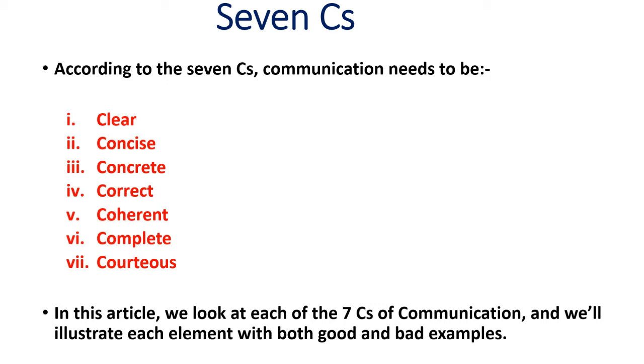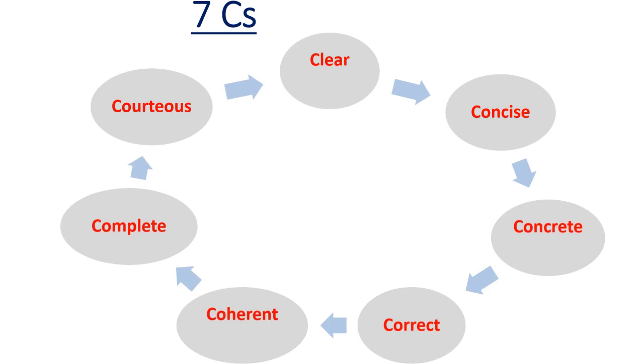Concise, 3. Concrete, 4. Correct, 5. Coherent, 6. Complete, and 7. Courteous. Now we will study each of these C's in detail. In this article, we look at each of these 7 C's of communication and we will illustrate each element with both good and bad examples.